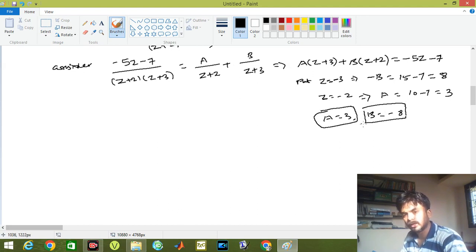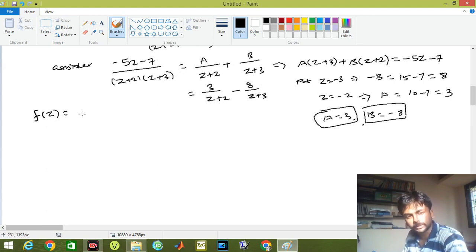So we can write f of z as, before that I shall write here, this is equal to 3 by z plus 2 minus 8 by z plus 3.